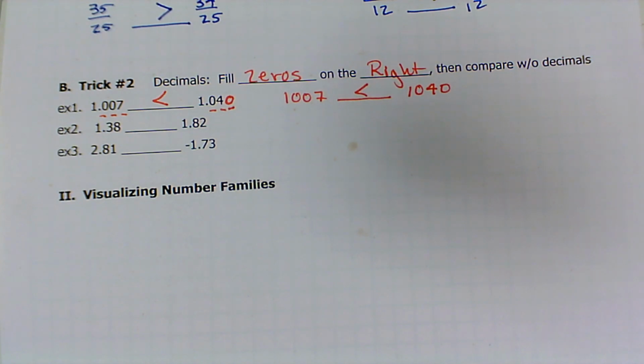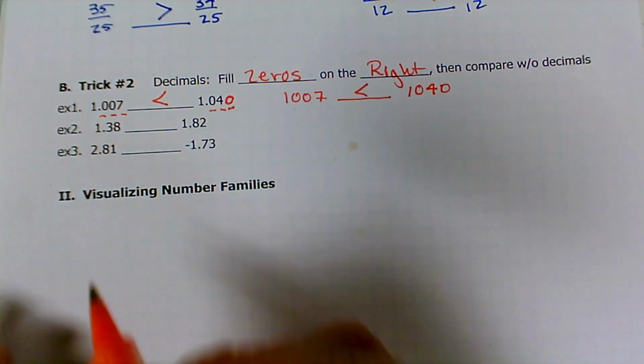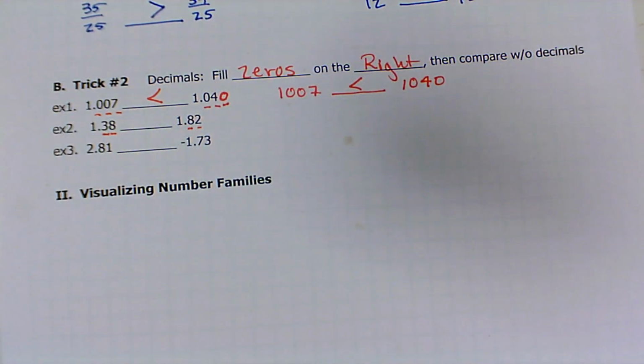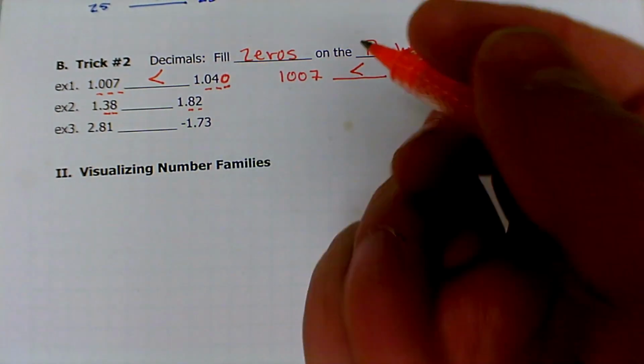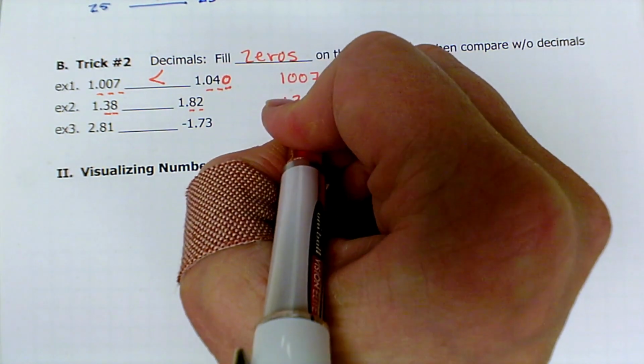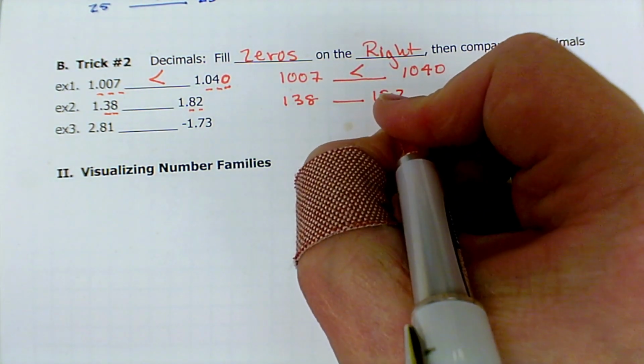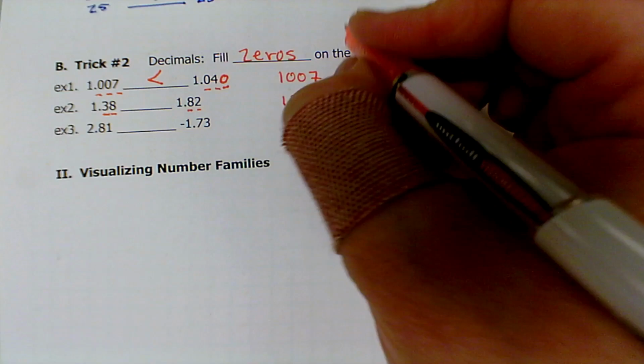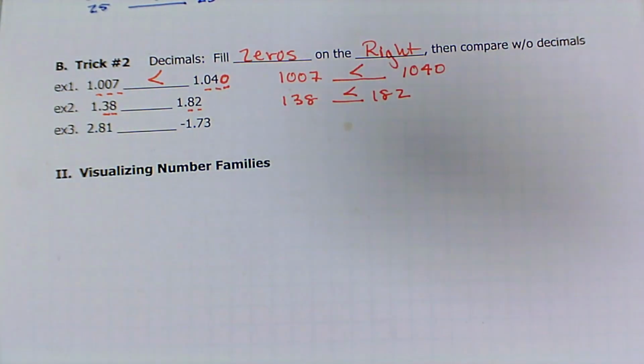All right, let's look at number 2. 1.38 and 1.82. I think most of you could tell which one's bigger, but if you can't, they both have 2 decimal places, so we don't need to fill a 0. So just toss the decimal out. 138, 182, and then compare them. Obviously 182 is bigger than 138, so the big end goes on the 182, which means the big end goes on 1.82.